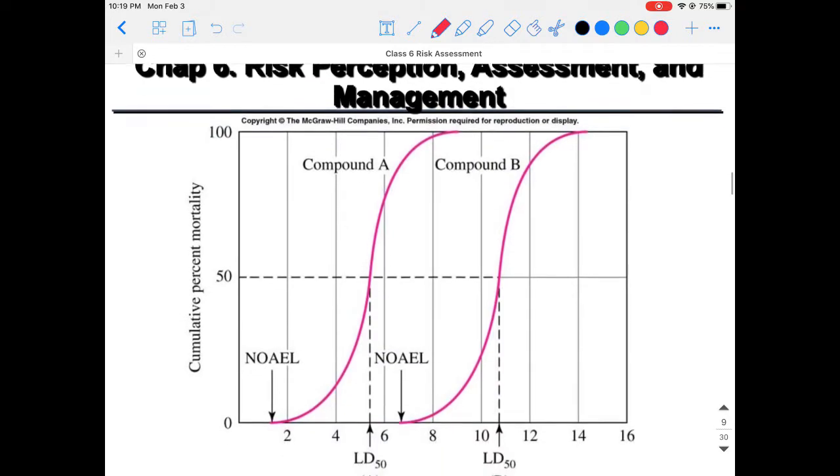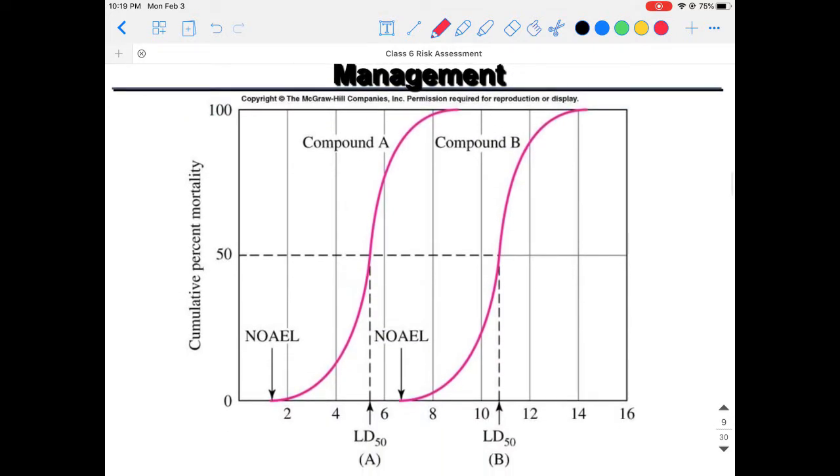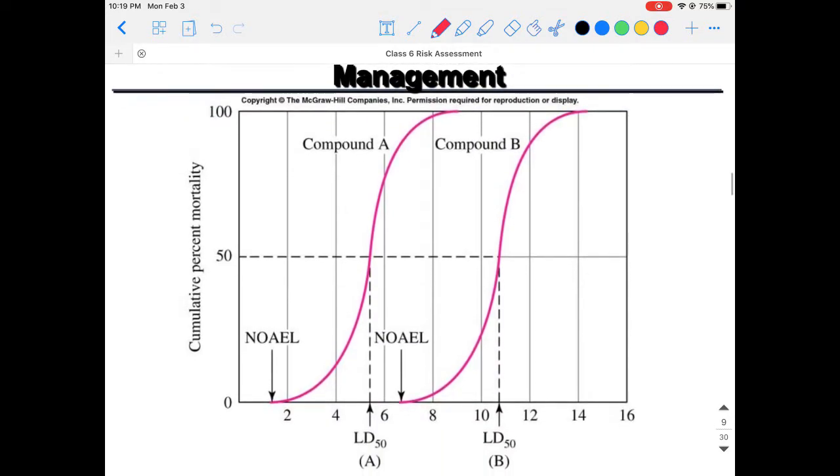Here is another way of showing these types of experiments. Let's say we have compound A and compound B, and we're testing them on animals to understand the risks of these compounds. You can see that compound A has a lower LD50 than compound B. So I have a question: between A and B, which one is more risky?